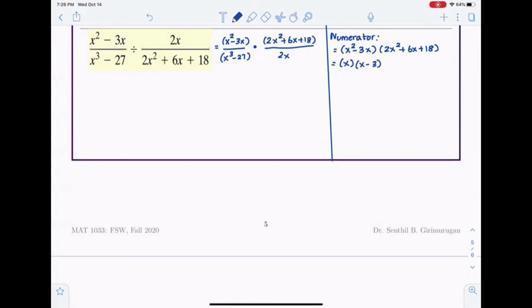And if you look at the second factor, we have 2, 6, and 18. We simply have to pull 2 out, which would leave us x squared plus 3x plus 9.